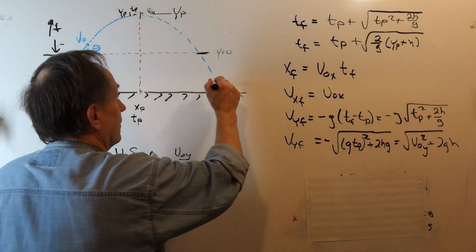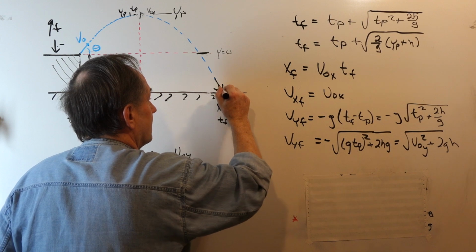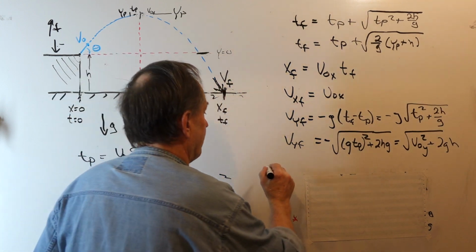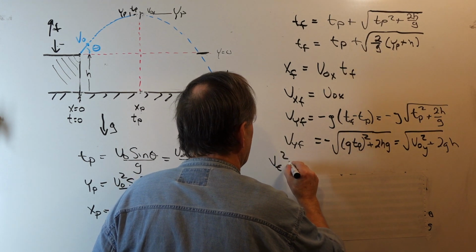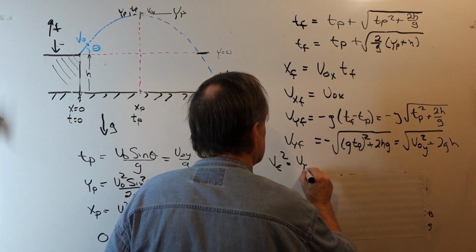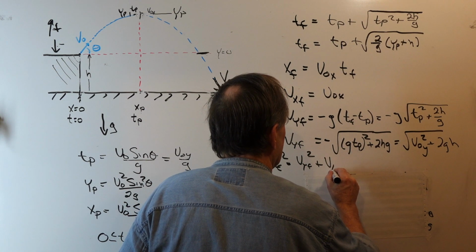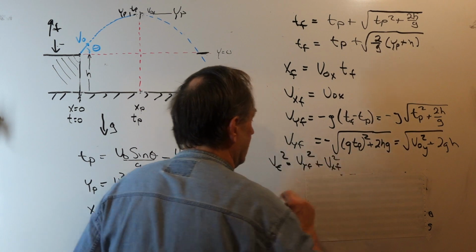Well, the total final velocity squared will be the final velocity in the y direction squared plus the final velocity in the x direction squared.